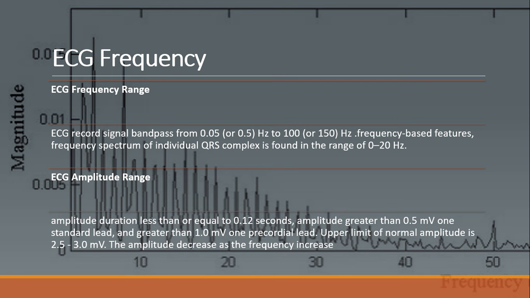The amplitude range: duration less than or equal to 0.12 seconds, and amplitude greater than 0.5 millivolt for one standard lead, and greater than 1 millivolt for one practical lead. The upper limit of normal amplitude is 2.5 to 3 millivolt. Amplitude decreases as the frequency increases.